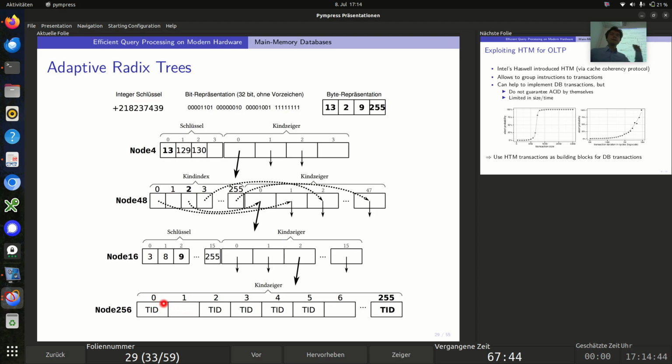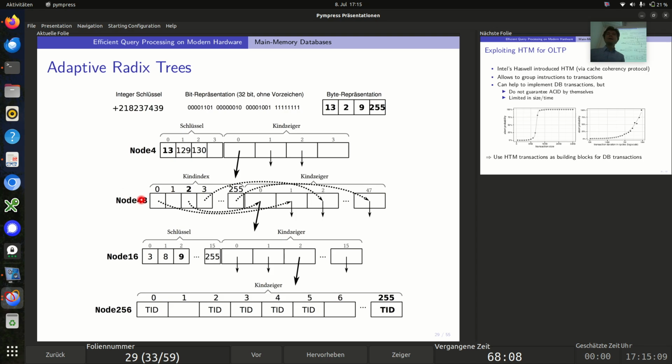The position is just the index you have. For example, if you have the value 255, you access the last entry of the node 256. So implicitly, the position is just the value of your key. This is valid for the node 256.